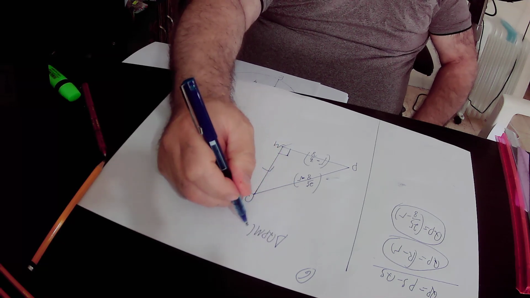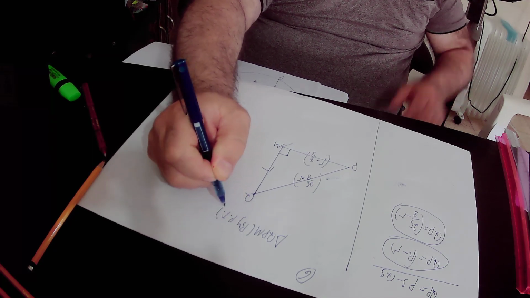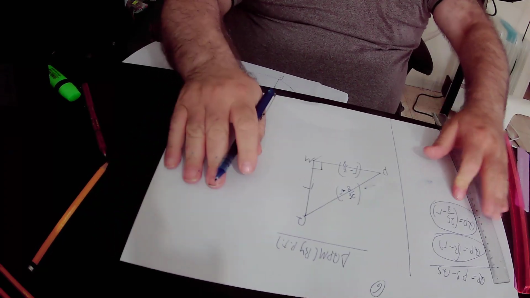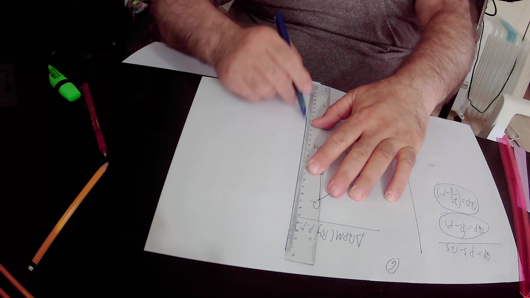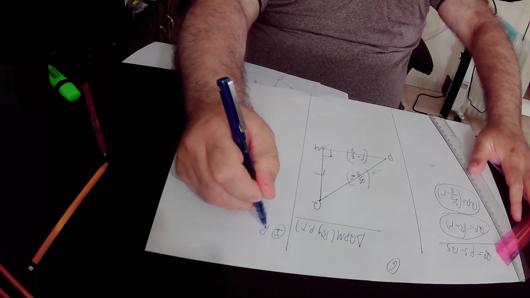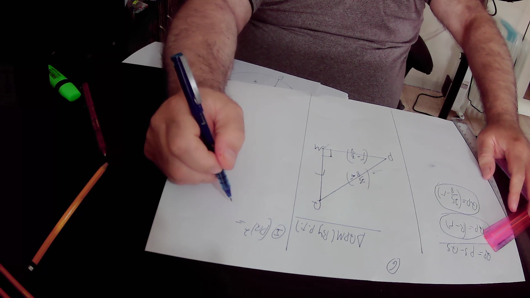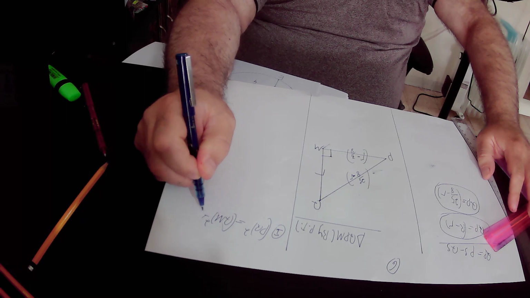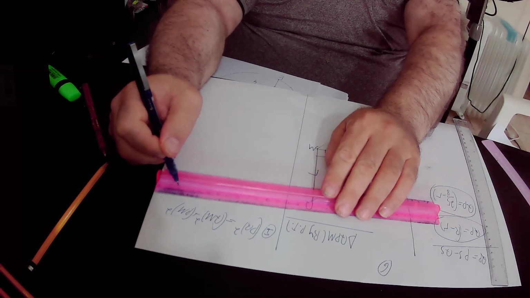PT is the abbreviation for Pythagoras theorem. So according to the Pythagoras theorem, the square of the hypotenuse equals the sum of the squares of the perpendiculars. The hypotenuse is PQ, the square of the hypotenuse is PQ squared, and it is equal to the sum of the squares of the perpendiculars, that is to say, it is equal to QM squared plus PM squared. Okay.